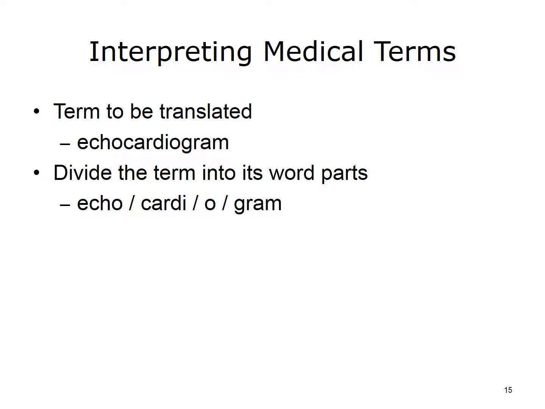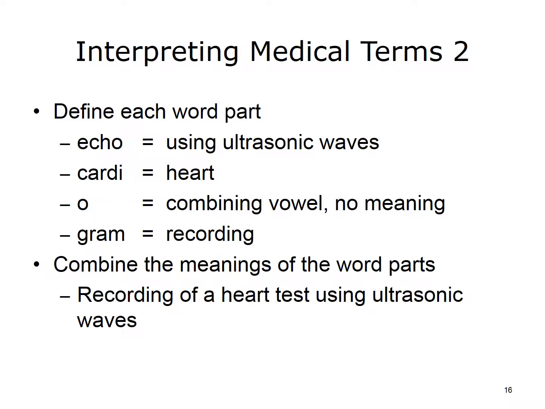Remember this easy method when trying to interpret and translate medical terms. First, divide the term into its word parts. Echo, cardi, o, gram. Next, define each word part. The first part of the word, echo, means using ultrasonic waves.